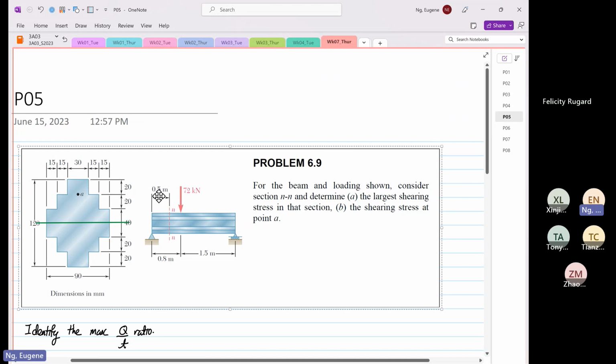At the centroid, you have the biggest first moment of area, but you also have the widest thickness.